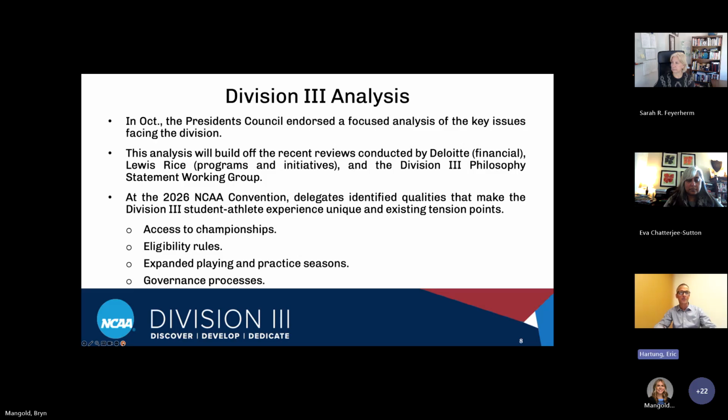Access to national championships. Now we know that a large majority of our institutions do participate in our championships in one way or the other. Actually, 80% of our institutions, whether it's one team or even one individual, 80% regularly are engaged in our championships experience. But there are questions and there are tension points, most notably around the NCAA Power Index.